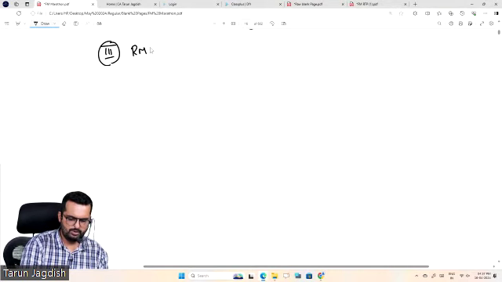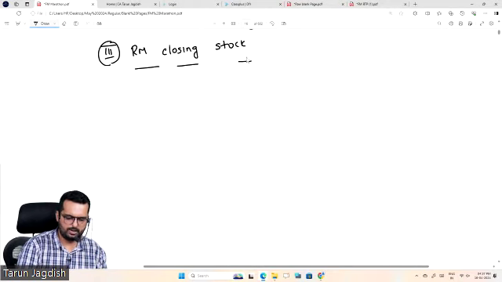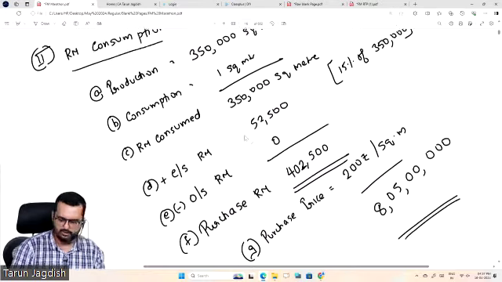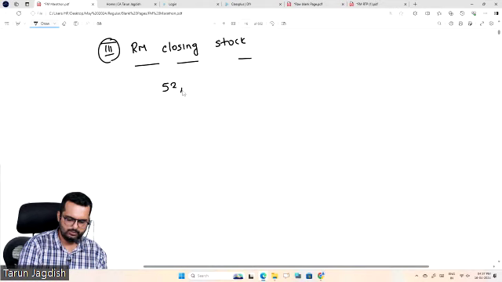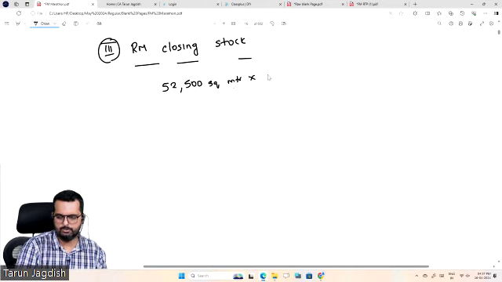Can I also find out what will be my raw material closing stock from this data now? How much is my raw material closing stock that we already found out over here? So it is going to be 52,500 square meter into how much, friends? 200 rupees per square meter.